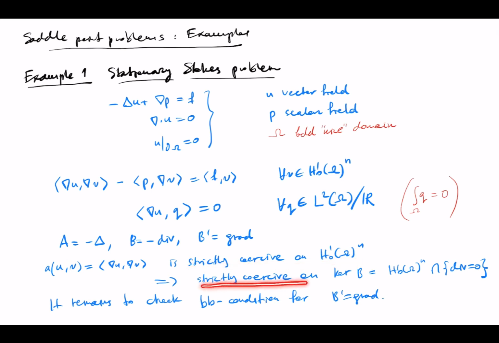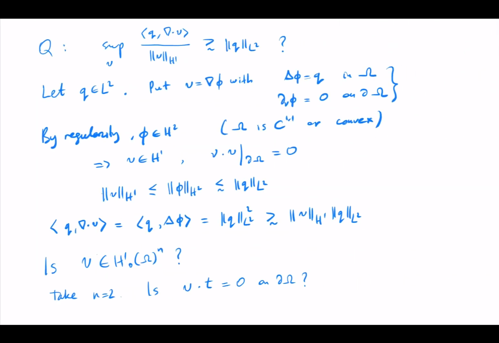That means, of course, it is strictly coercive on the subspace. So the kernel of B is the divergence-free space here, so it is invertible immediately. So the only condition we need to check is the bounded below condition for the gradient, or B prime. That can be written in terms of the inf-sup condition in this way.